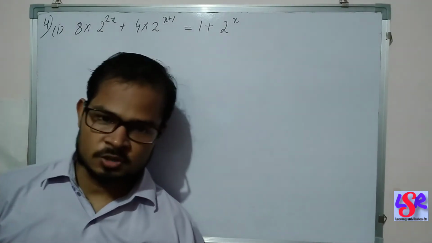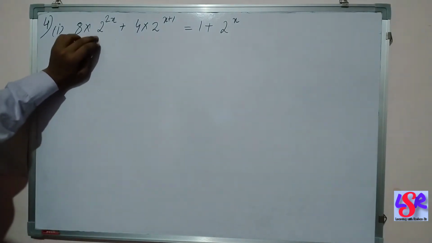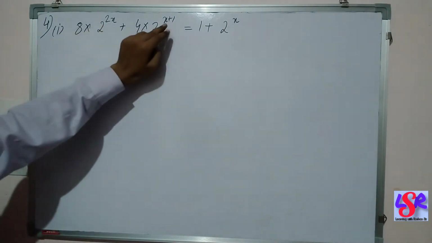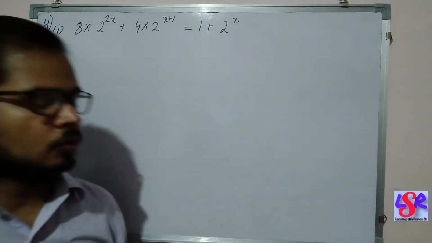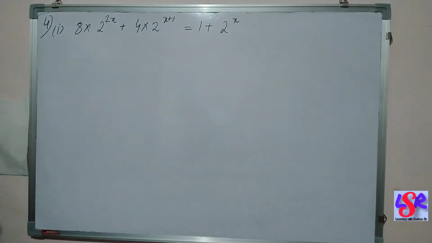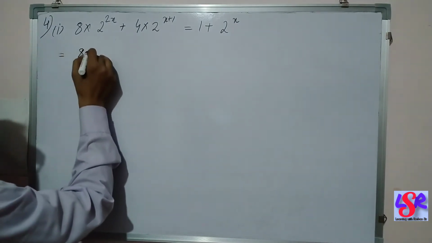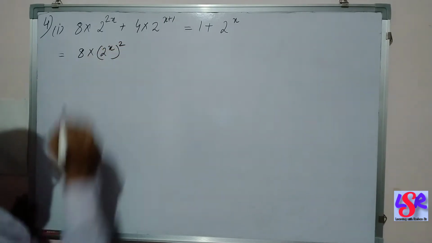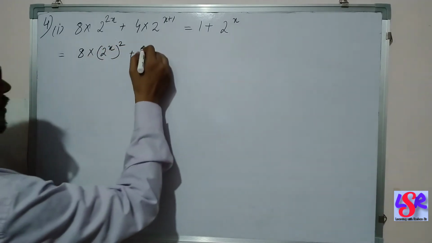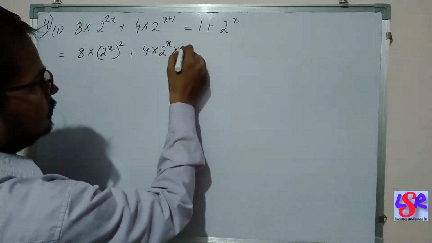Now let's see question number 4, first part. Here we have 8 into 2 to the power 2x plus 4 into 2 to the power x plus 1 equals 1 plus 2 to the power x. Now, first of all we are going to rearrange it, and this will become 8 into (2 to the power x) whole to the power 2 plus 4 into 2 to the power x into 2.